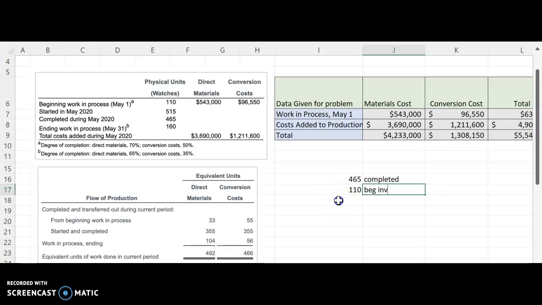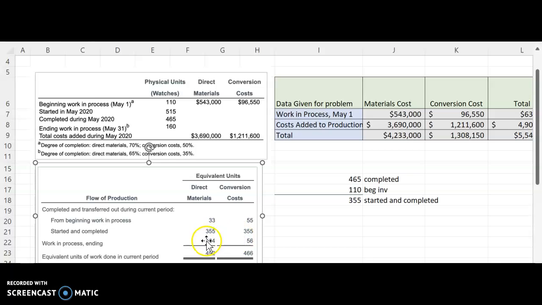So that is from beginning inventory. So we know how many we completed this period, but 110 of them were already there. So we only started and completed 355.